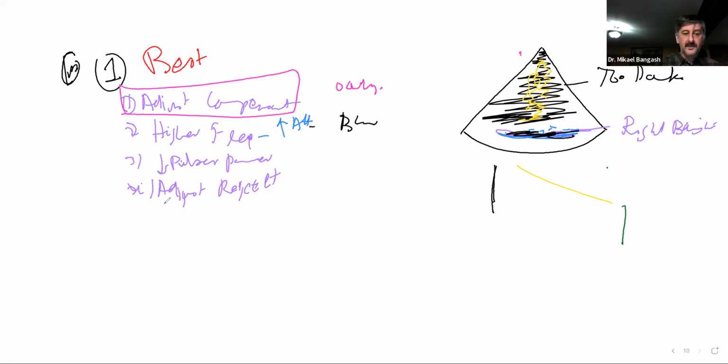And adjusting your reject is not going to do anything, because in this image there was no noise. So adjusting our reject is not going to do anything. Did you guys get that?